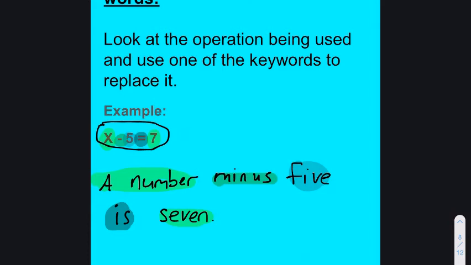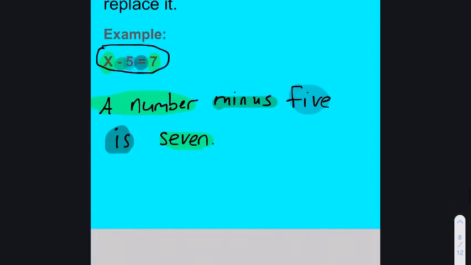Okay, let's do one more example together. Let's say we have the letter P times 4 equals 12. Well, how could we write this in a sentence? Well, instead of saying the letter P, let's just say a number.